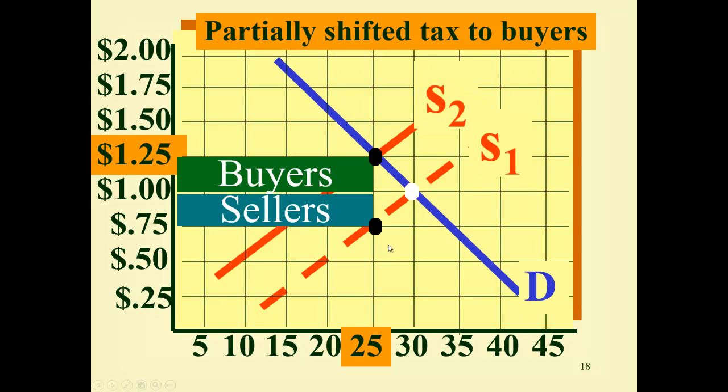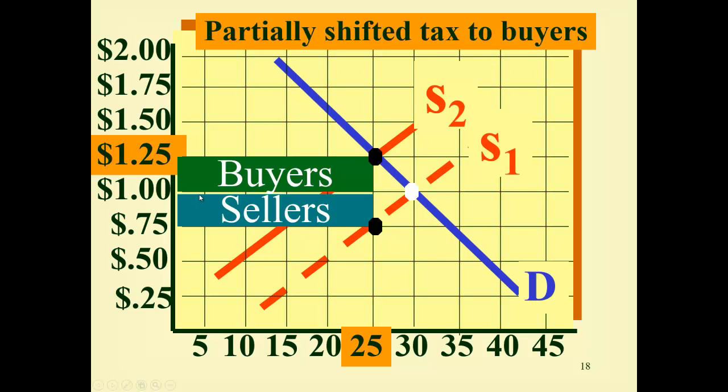The case of partially shifting tax to buyers and partially to sellers is like this. Let's say the government imposes a tax, supply goes from S1 to S2. The difference between these two supplies is the amount of tax, always. The price originally was $1 in equilibrium. Now the new equilibrium price is $1.25.